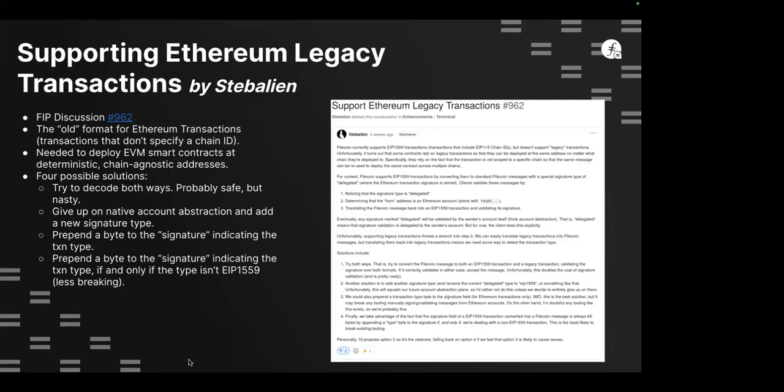We could just say, forget that, we're never going to do that, because there is a chance, unfortunately, that we'll never get around to it, and basically rename delegated to EIP 1559, and then just add a new signature type called Ethereum legacy transaction. So effectively, these would be top level Filecoin signature types.